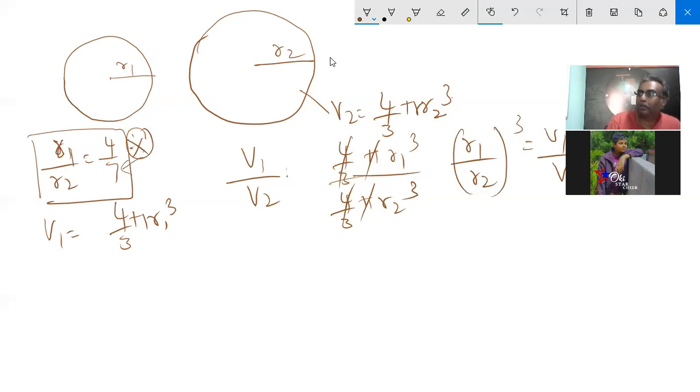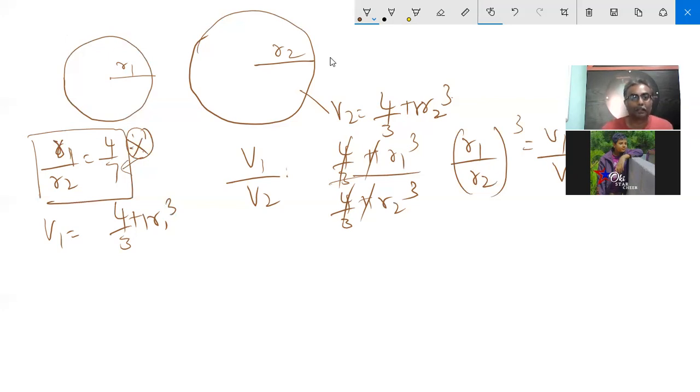So you are not understanding anything. R1 by R2, how much? It is written in front of your eyes. The ratio of the radii of two spheres is 4:7. What is the R1 by R2?